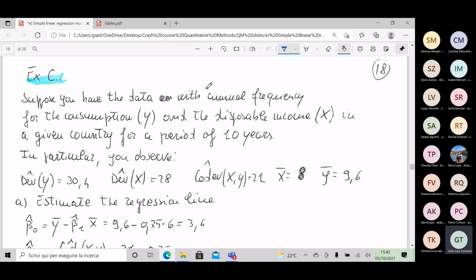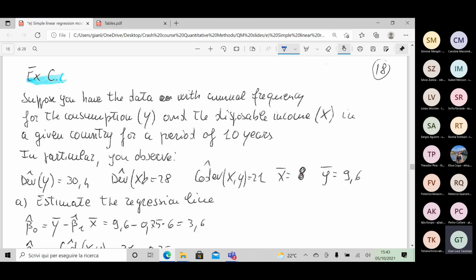Suppose you have the data with annual frequency for the consumption Y and the disposable income in a given country for a period of 10 years. In particular, your sample, guys, is made up of only 10 observations, one concerning the income and the other the consumption for this particular country. So this is a very small sample.